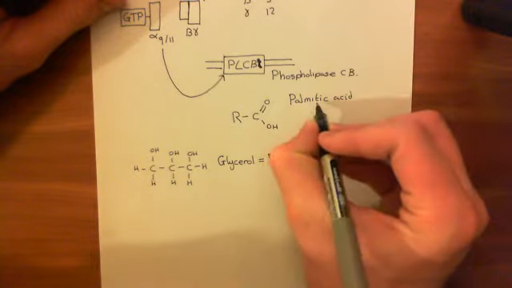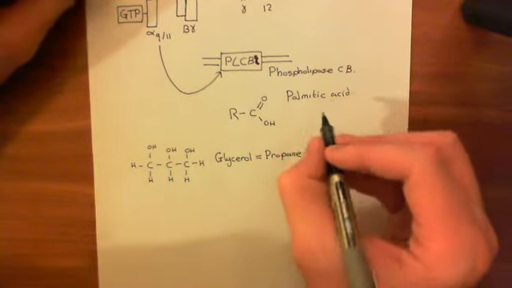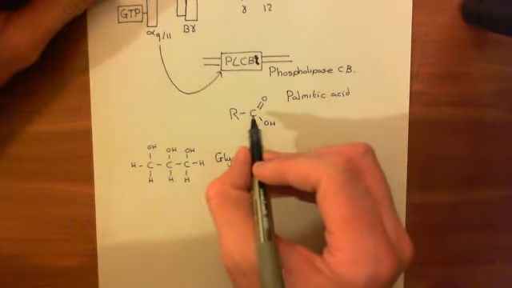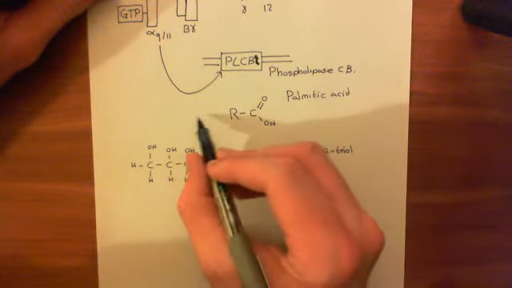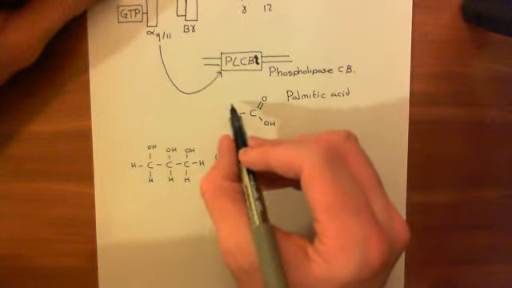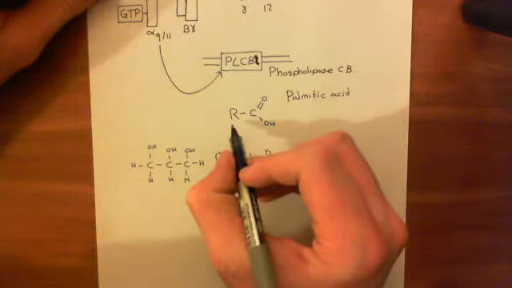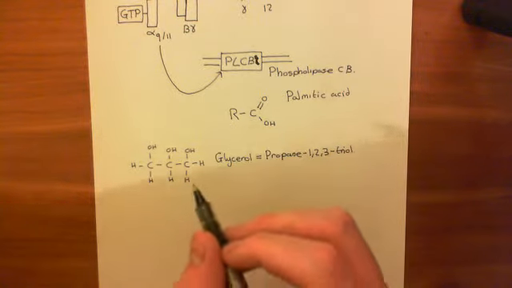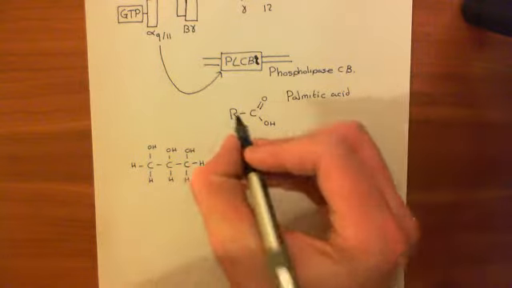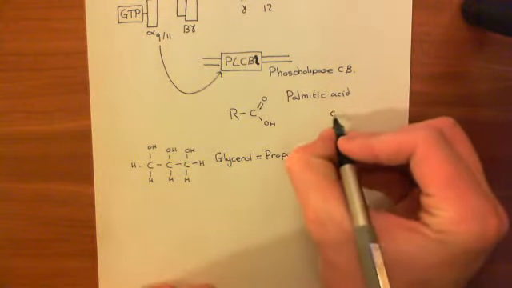Palmitic acid is the carboxylic acid which has 16 carbons, and all of these carbons are saturated. So every carbon has the maximal number of hydrogens it possibly could. The structure of palmitic acid looks like so.